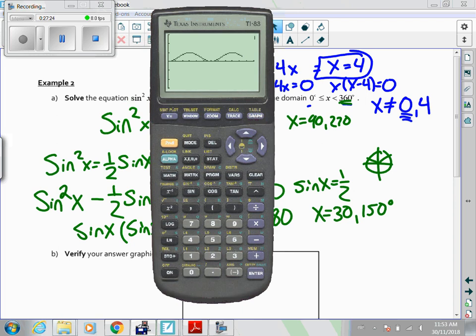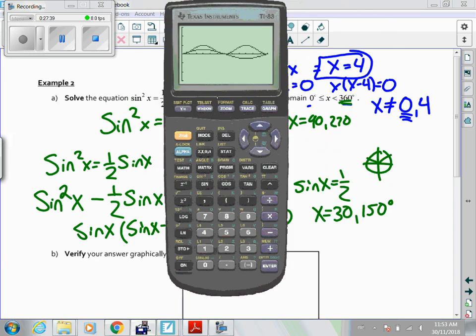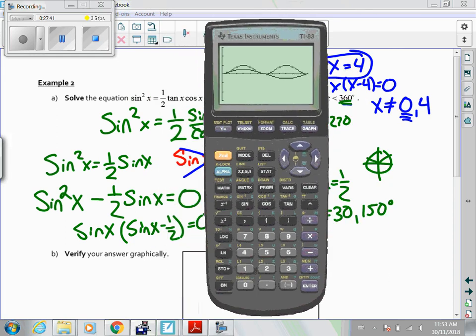So there's my sine squared graph, and there's my weird tan cos graph. And now I can just find my intersects. And there's my 150.